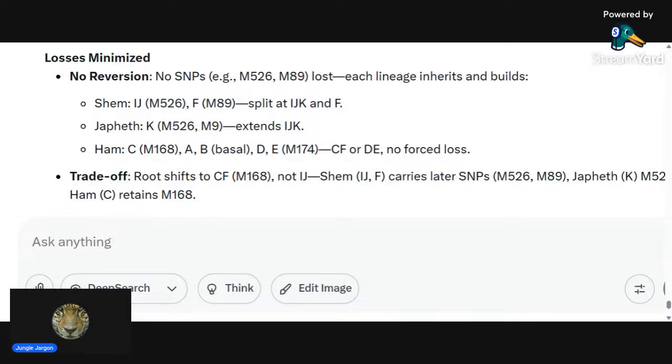Shem's IJ, but this is the IJK marker. F, M89, split at IJK and F. No, but these markers are supposed to be shared by everybody from left to right. So if it's an F marker, everybody to the right has this marker.